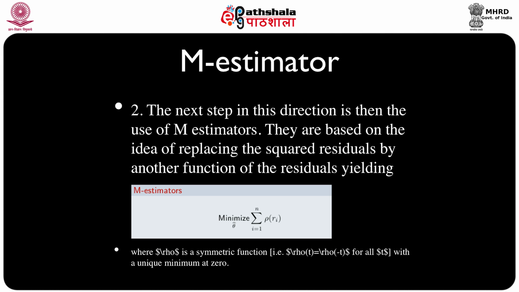We take the sum of this function and minimize the summation of the function of Ri's to obtain the estimates of the regression coefficient, where the function rho here is symmetric with a unique minimum at 0.